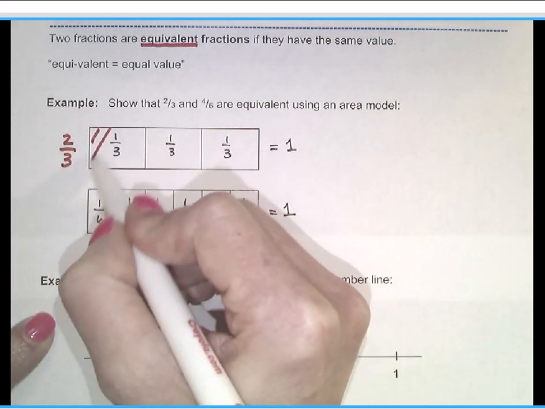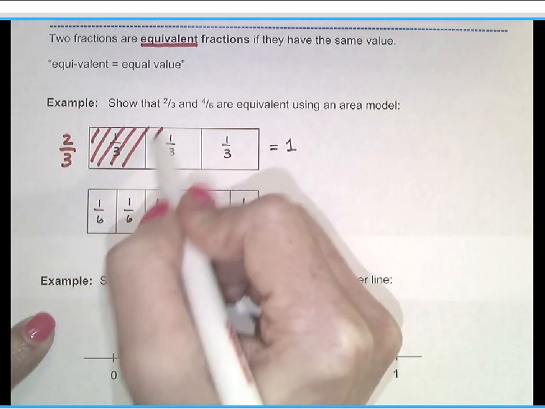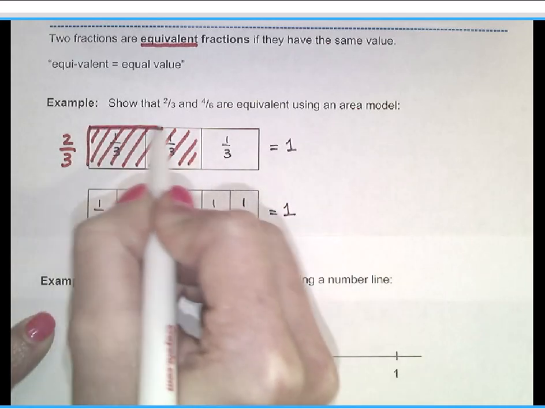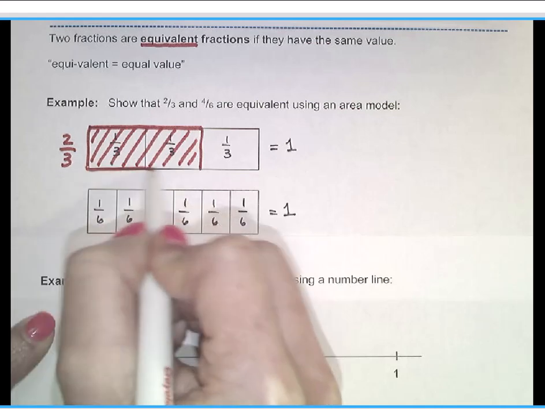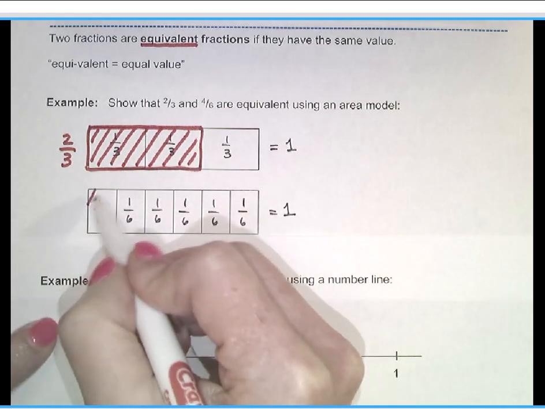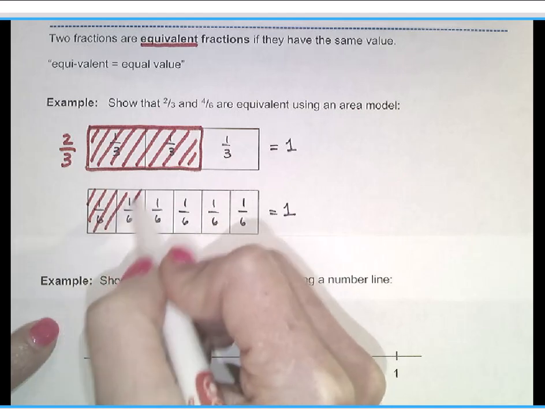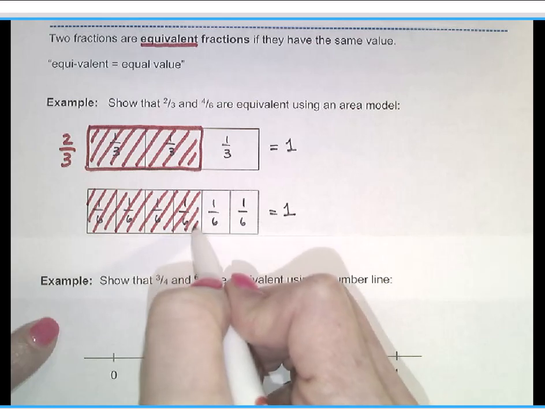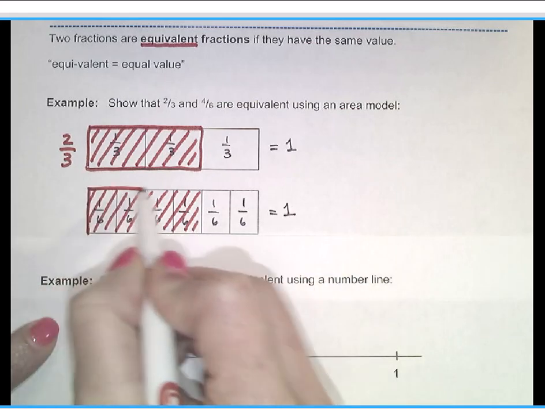Well, 2/3, if I shade it, would be this much, right? It would be like this part. That's 2/3. If I shade 4/6, so I'm going to shade 4 of these sixths. That's hard to say for whatever reason.